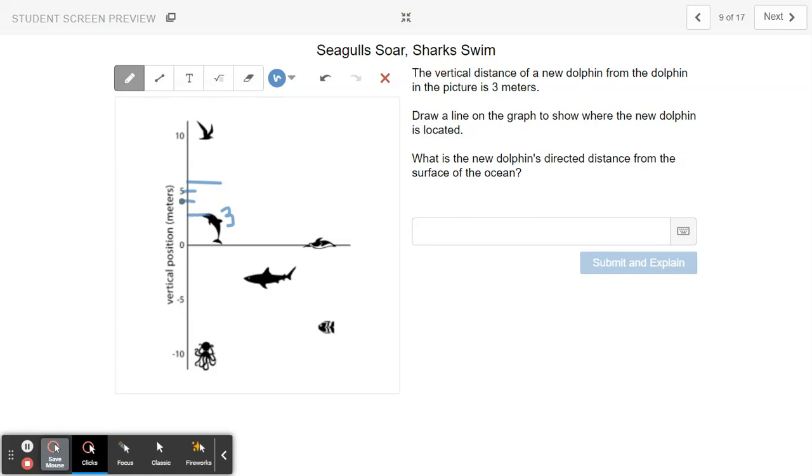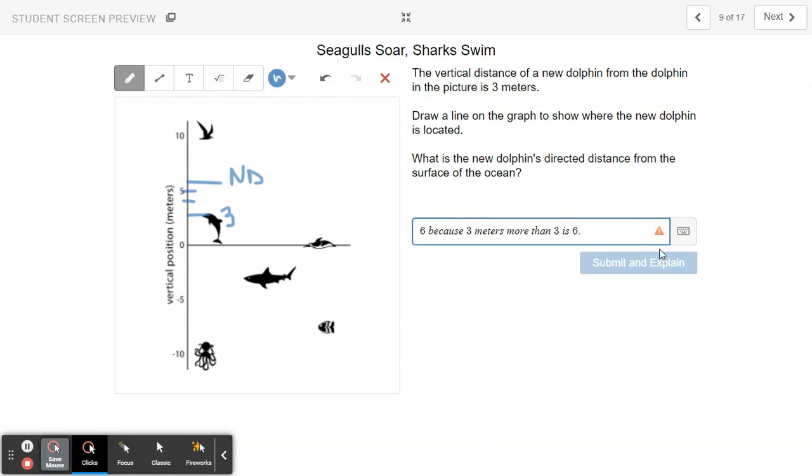It went up 3: 1, 2, 3. So my new dolphin, ND, is at positive 6, so just 6. And then we would explain because 3 meters more than 3 is 6.